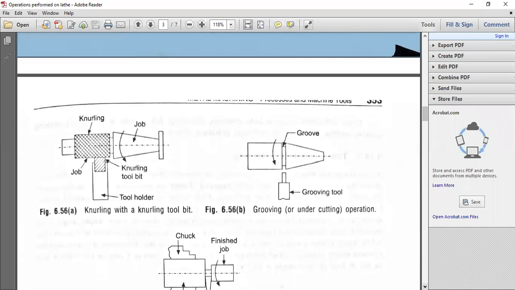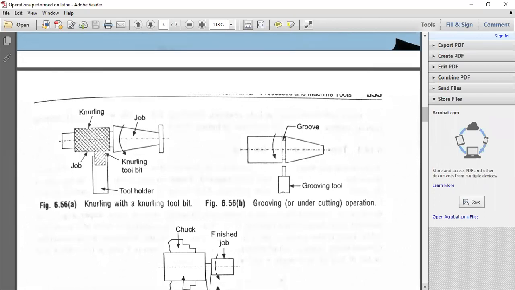Knurling and grooving. These are the particular 2D diagrams we have been discussing, and that is very much important. You have to be very careful in depicting these diagrams. Without a diagram, if you just write something, it is of no value. I'm telling you, diagrams will carry 60 to 70%.